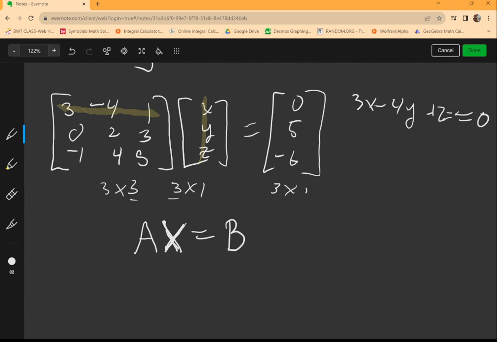I can treat it like I would an algebraic equation, where the analogy is if I had something like 3x equals 9, the way I would solve for that is I would divide by 3, and we get x is equal to 3.